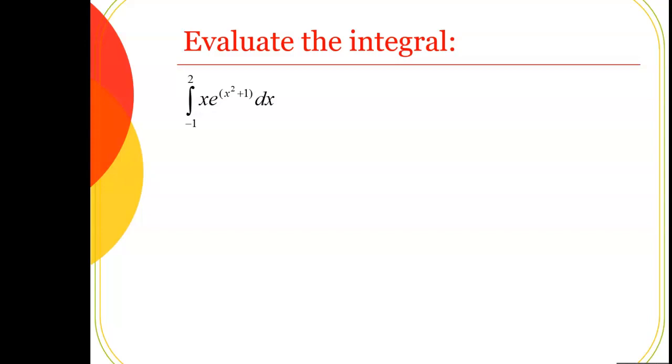Okay, and then that last one, anything where your e is kind of hanging out by itself, so my u is going to be that x squared plus 1, du is 2x dx, the 2 is not needed, so we pull it out in front, so I have the 1/2 here.